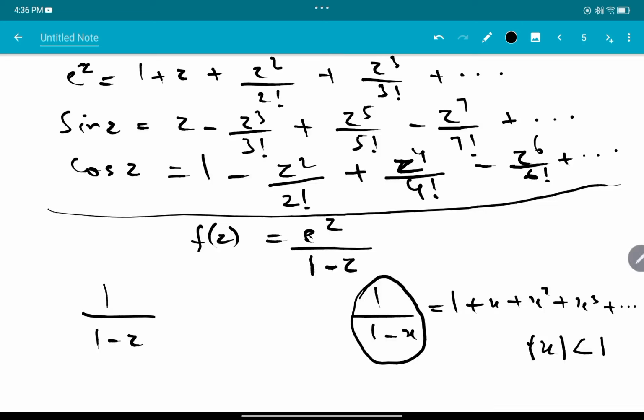Similarly you have 1 by 1 minus z, which can be easily written as this series. No need to use the Taylor series directly.